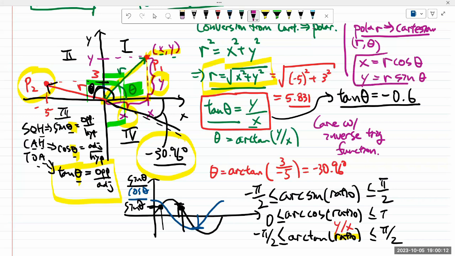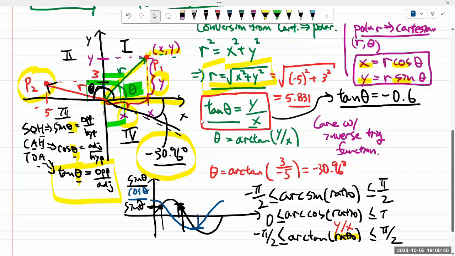This is the kind of thing I was trying to discourage in my physics 4A, automatically associating cosine with x and sine with y. But as far as the conversion formulas go, cosine gives you x, sine gives you y. Because of the way it's defined, the angle theta is defined to be the angle from the positive x-axis going counterclockwise. So that's the formula, and there's fewer things you can do wrong with it.